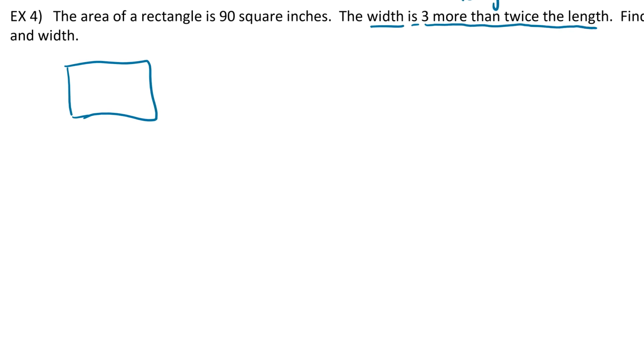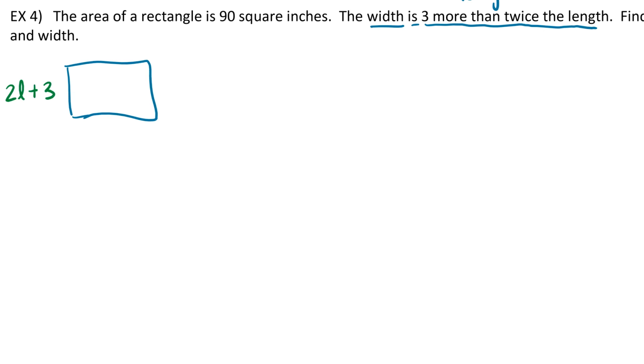So notice for this one, we're given the width as a function of the length. As in, we're saying 3 more than twice the length. The length is going to be our variable this time. So 3 more than twice the length can be written as 2L plus 3.